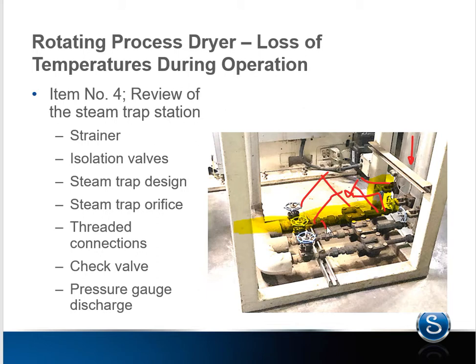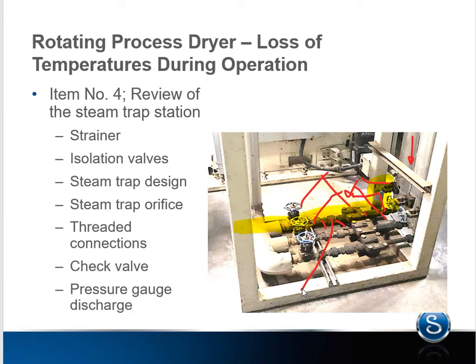The other thing is, on these systems, there's a multitude of threaded connections, which are always a weak point in the steam system and a leakage point. Not on this system here, but on a couple of other systems we looked at, the threaded connections were leaking. Next, there's a check valve located after the steam trap, and the question was the pressure drop across the check valve.